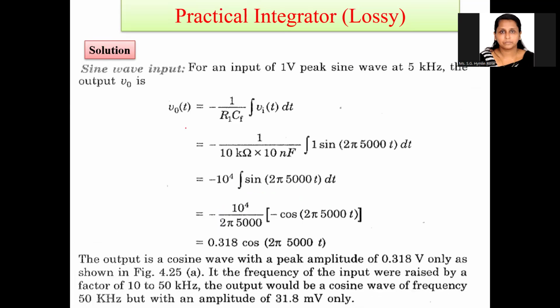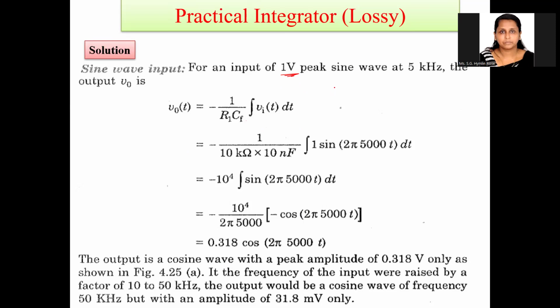Next is the sine wave input. For an integrator, you know the output is V naught of t equal to minus 1 by R1 CF, the integration of VI of t dt. R1 is given, it is 10 kilo ohm. What is VI of t? They have given a peak sine wave of 5 kilohertz, and the input is 1 volt.